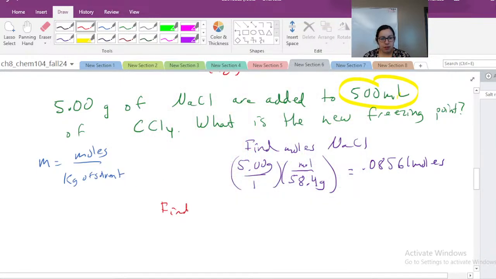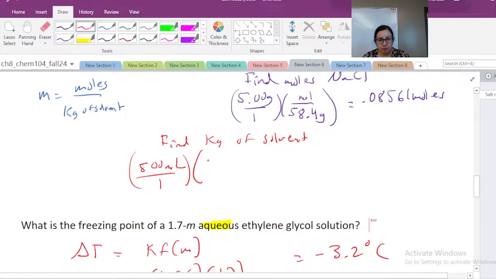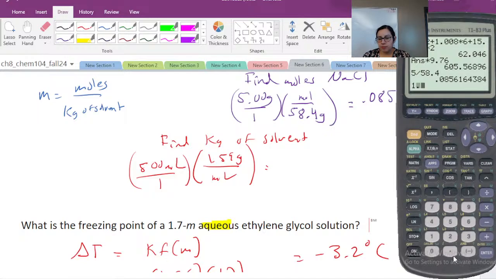So now find kilogram of solvent. So we'll start with 500 milliliters multiplied by our density, so 1.59. Again, that's grams per milliliter, so we'll have to do some converting.